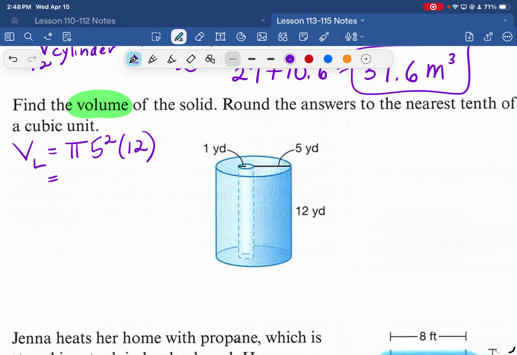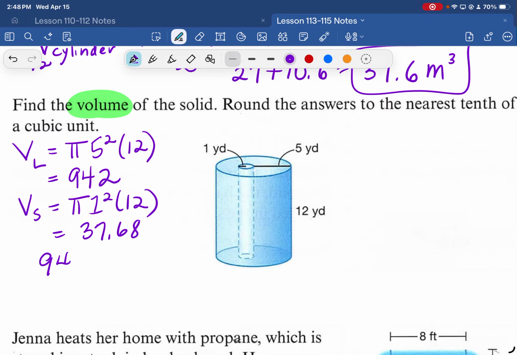Is that what y'all got? Yeah, that's what I got. And then the volume of the small, pi times 1 squared times 12, the height. Tell me what y'all get for that. 37.68. Now let's take the large number minus the small number.